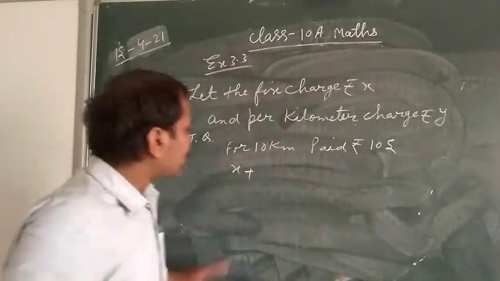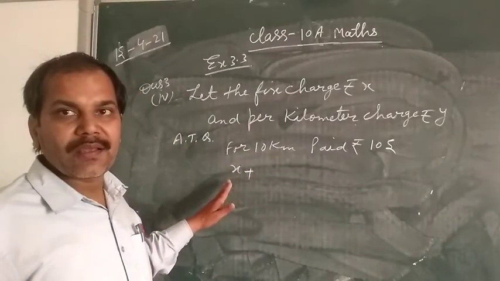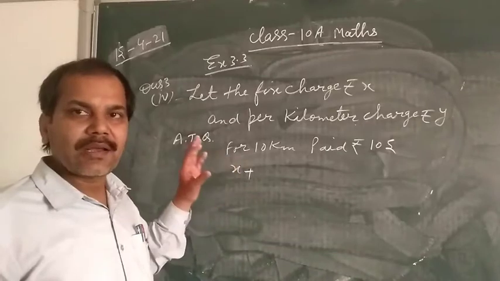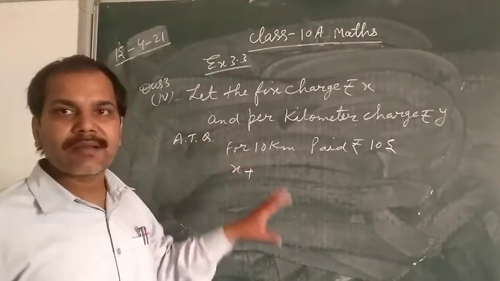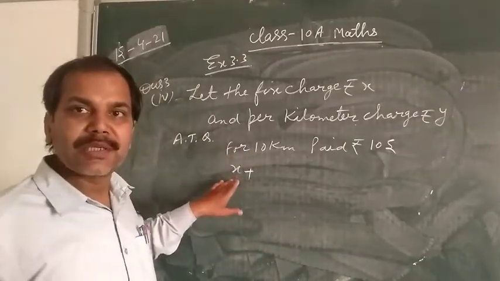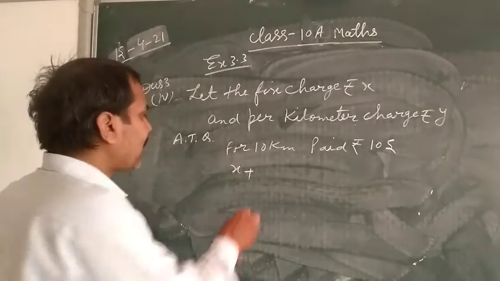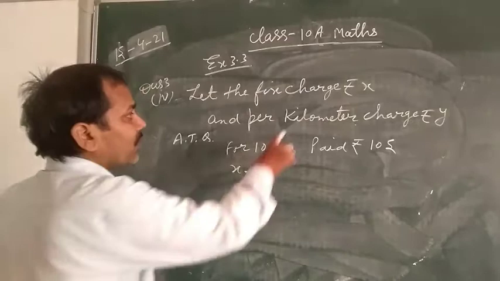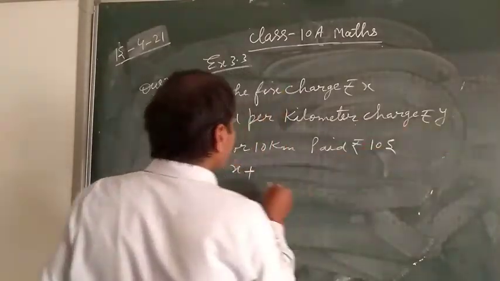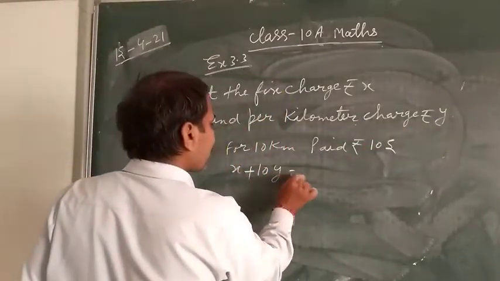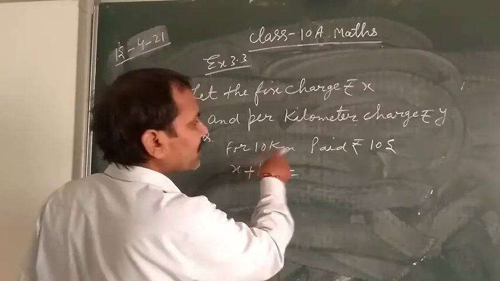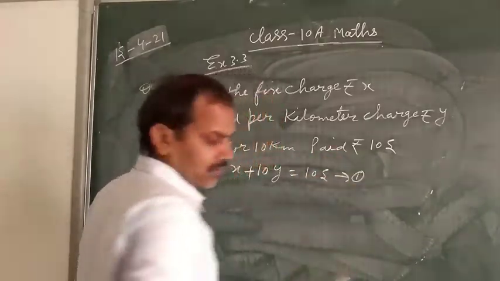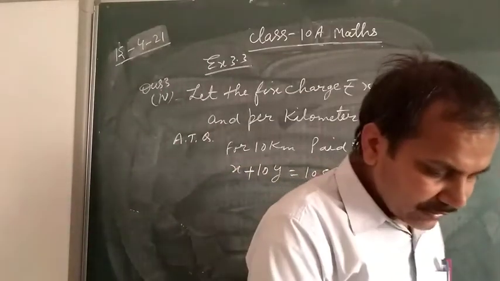Whether you travel 1, 2, 3 or any number of kilometers, you have to pay the fixed charge rupees x. After that, the per kilometer charge: 1 kilometer is charged rupees y, so 10 kilometers is 10y, and the total charge for 10 kilometers is 105. This is equation 1.